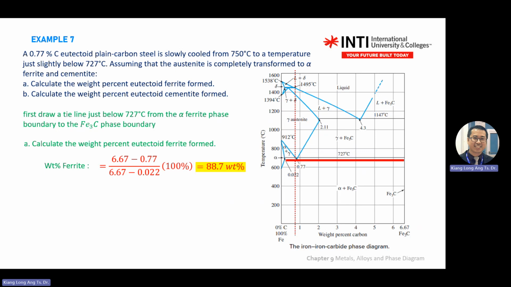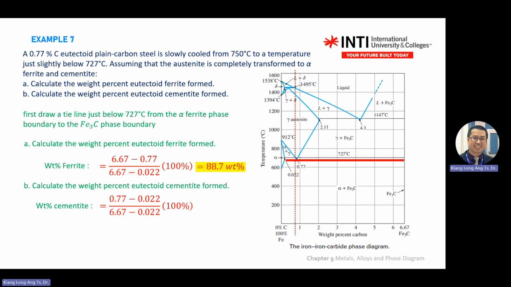So you get 88.7%. To calculate the weight percentage of eutectoid cementite formed, you take 100% minus this. It's a different arrangement of structure, but if you use the template just now, it will be the same: what phase appeared, what is the composition, and what is the weight percentage of that.